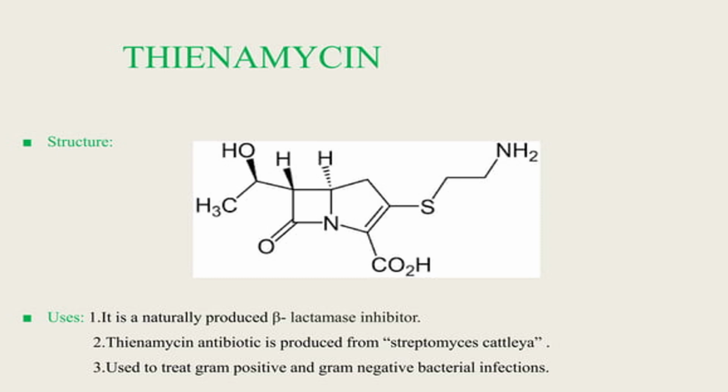Next is thienamycin. This is a drug containing a beta-lactam ring attached to a 5-membered ring. This is naturally produced, an antibiotic obtained from Streptomyces cattleya, and it is used to treat gram-positive as well as gram-negative bacterial infections.